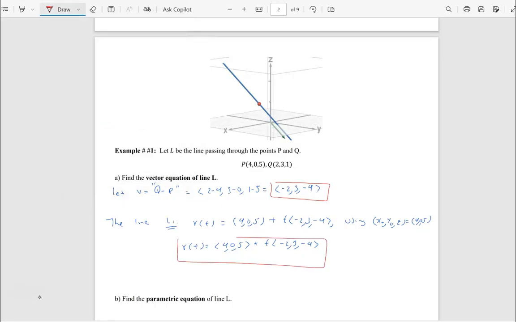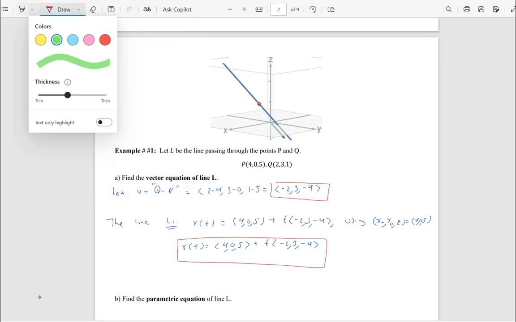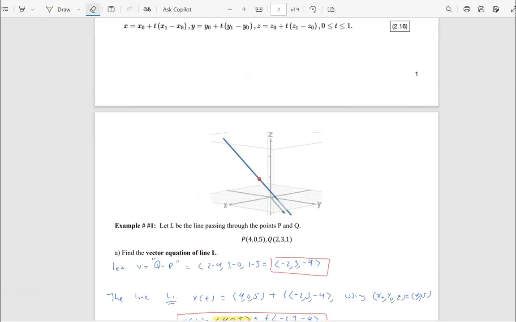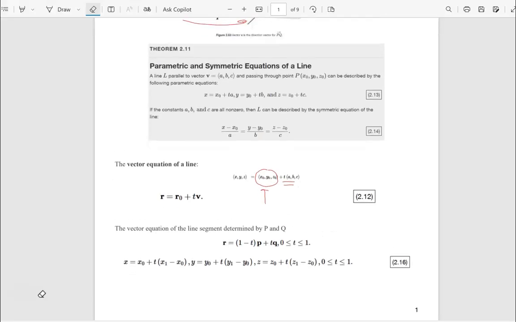And the proper format is as a vector: 4, 0, 5, plus t times -2, 3, and -4. So this is the proper one. You can express the point as a vector or as a coordinate point. In this case, I'm following the author, and that matches completely with the proper formula given here as a vector.